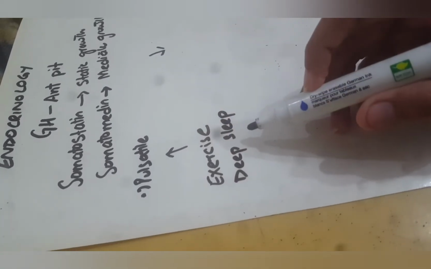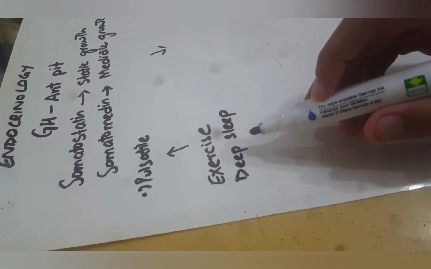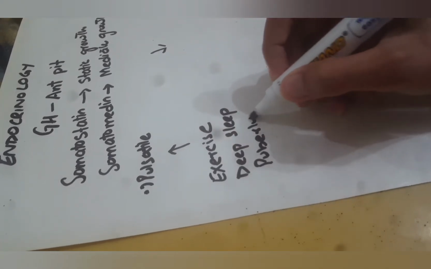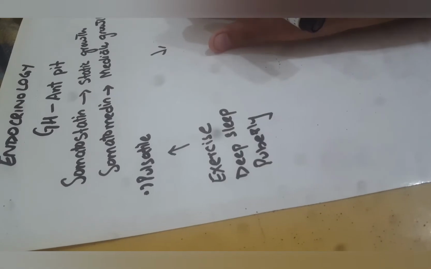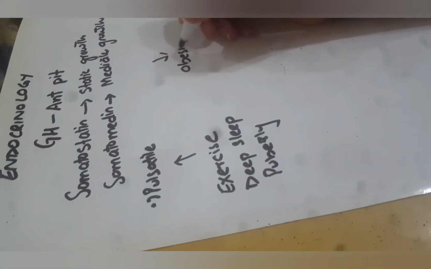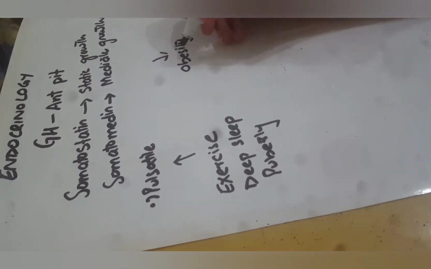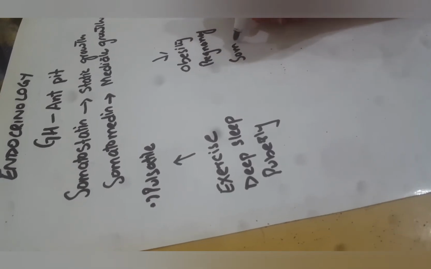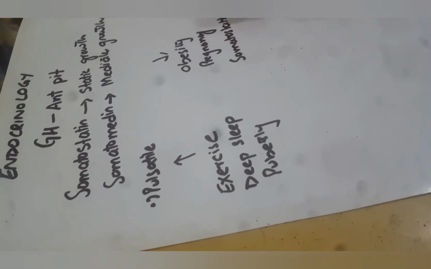The first 2 hours of deep sleep are very important. It is also increased in puberty. It is decreased in obesity, in pregnancy, and by somatostatin, already discussed above, or somatomedin.